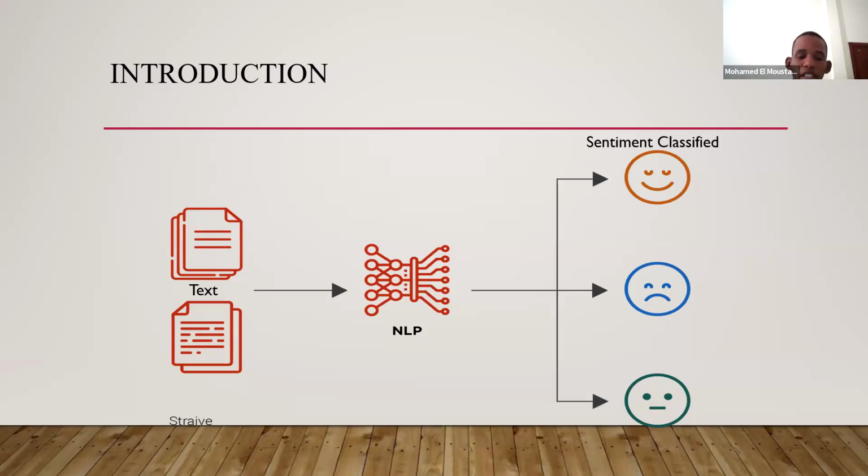In sentiment analysis, NLP algorithms are used to classify text as positive, negative, or neutral. So we can use algorithms in the field of NLP, natural language processing, to classify text into positive, negative or neutral sentiments, looking at the emotion behind the text.